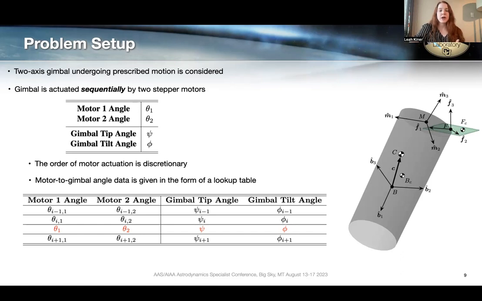For the case where the motor angles are not consistent with rows in this lookup table, as seen in red here, we have to interpolate to solve for those gimbal tip and tilt angles. Finally, in this work, we are assuming that the gimbal's translational motion is not impacted by the motor actuation. So we're only considering the rotational motion of the gimbal.